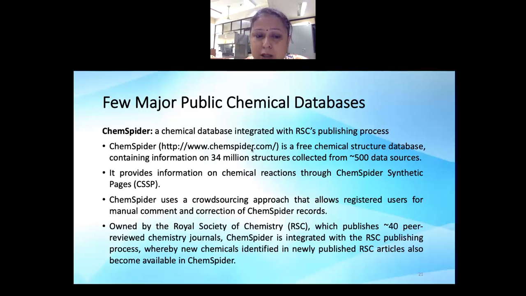It uses a crowdsourcing approach that allows registered users to manually comment and correct as well. It is owned by, as I told you earlier, the Royal Society of Chemistry, which publishes approximately 40 peer-reviewed chemistry journals. It is integrated with the RSC publishing process, whereby newly synthesized or newly identified chemicals published in RSC articles become available on ChemSpider.